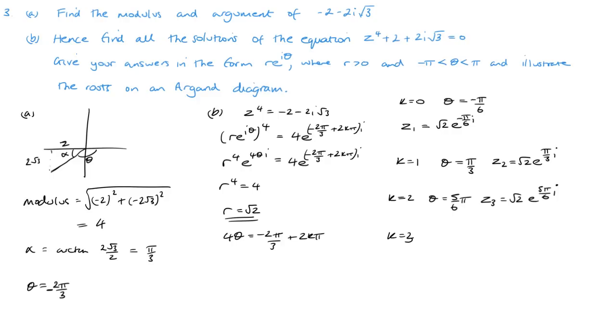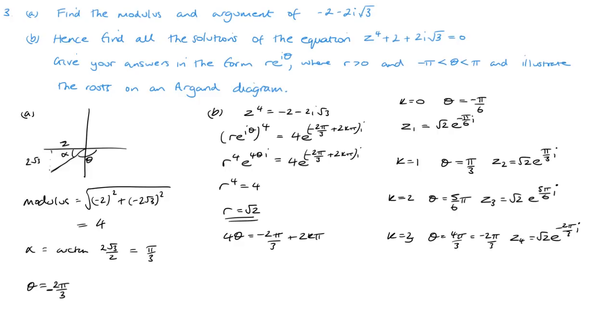And then k equals 3, we get minus 2/3 pi plus 6 pi this time. Divide by 4 gives me 4 pi by 3, which is too big, so minus 2 pi, and we get minus 2 pi by 3. So z4 is equal to root 2 e to the minus 2 pi by 3 i. And there we have our 4 solutions.